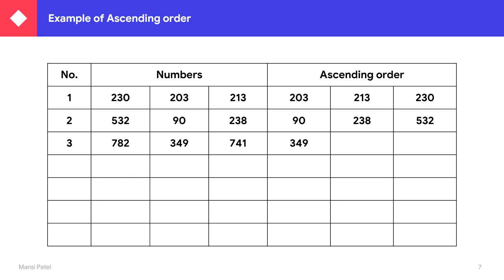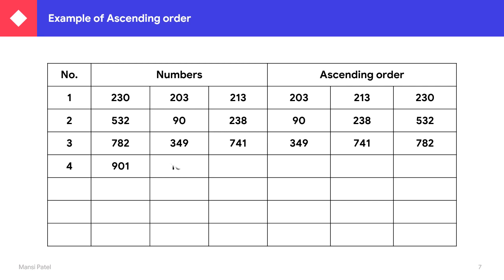So write down 349 first. Then for the rest of two, the first digit is the same, so see the second digit. In 782, 8 is there. In 741, 4 is there. So which is the second number? 741. And the rest number, 782.